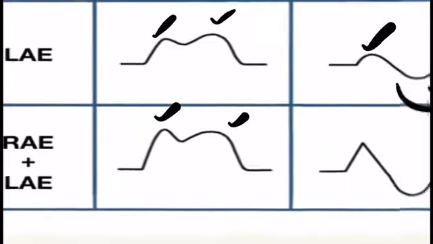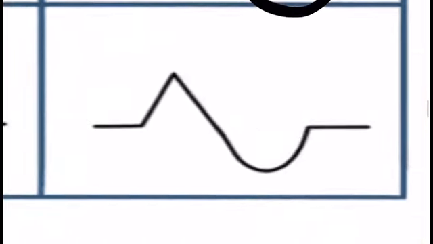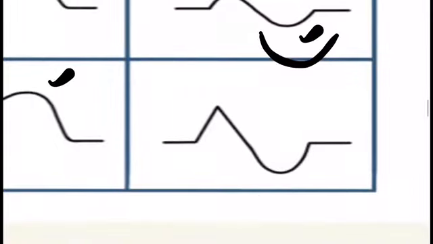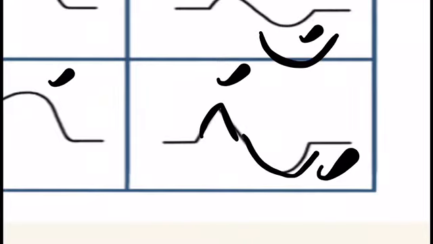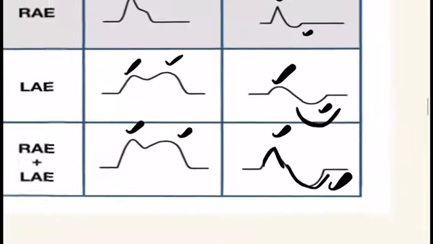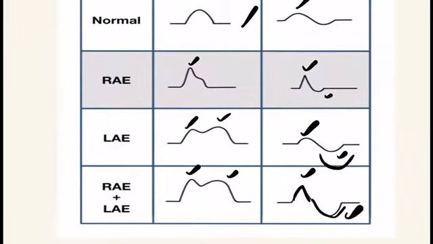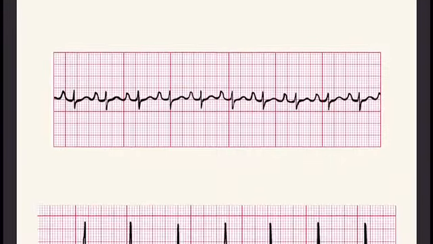See here, because of the enlargement of both atria, there will be more peak in the first part and more curvy peak in the later part of the P wave, okay. So this was the basic idea about the enlargement of the atrium and the influence of this enlargement on the P wave of the ECG.